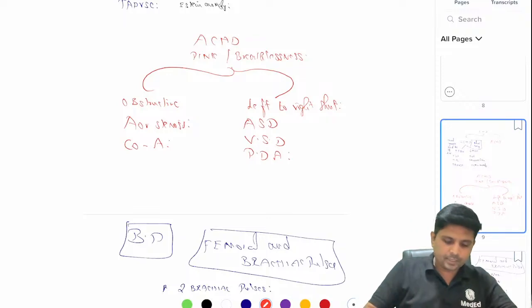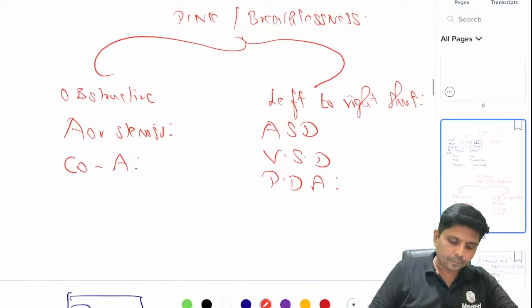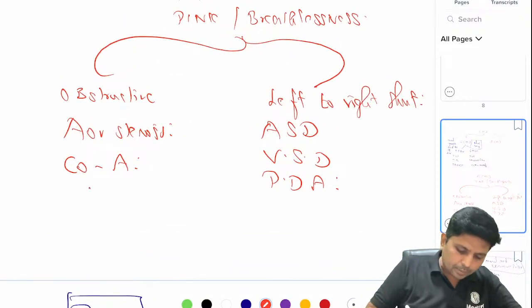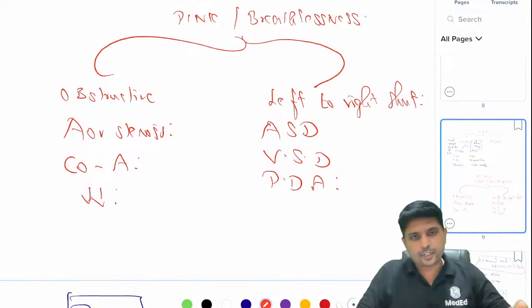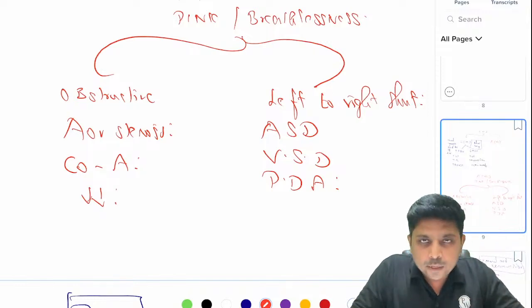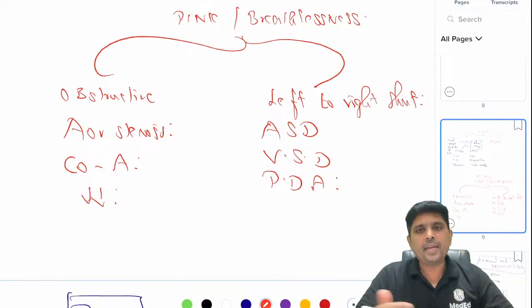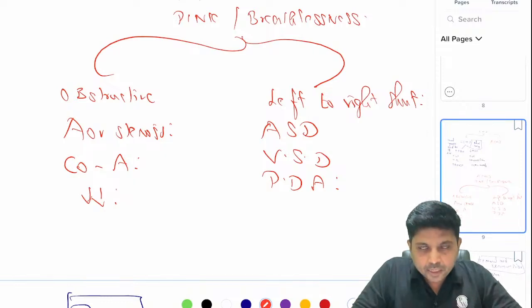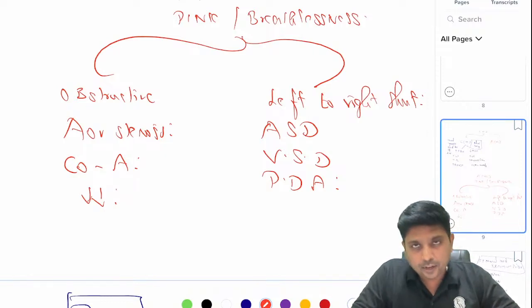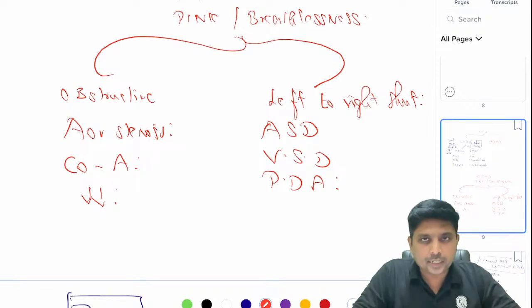So what is the manifestation of these obstructive lesions? Blood to the systemic circulation will be absent. So invariably, the child will present as shock.